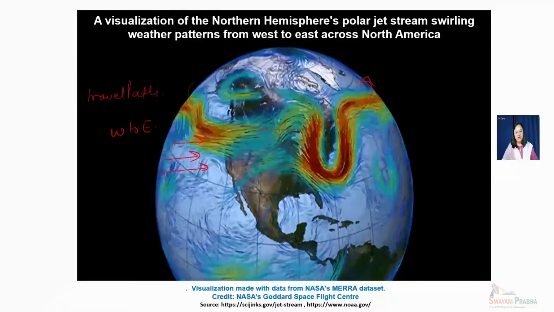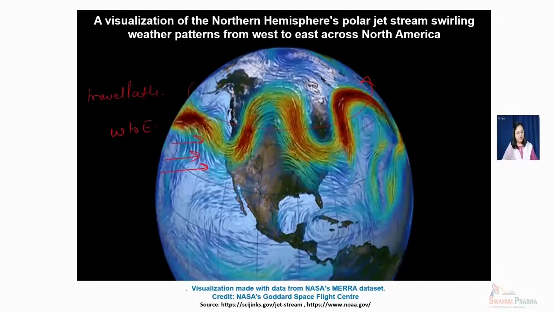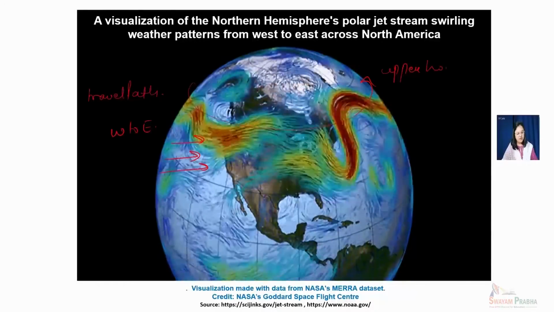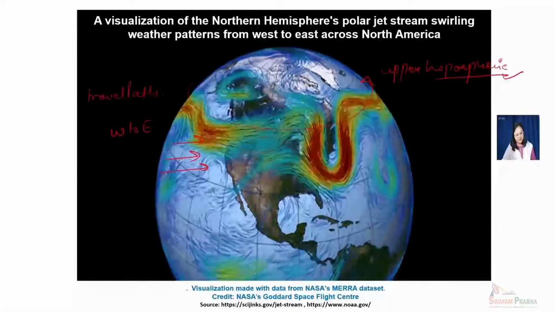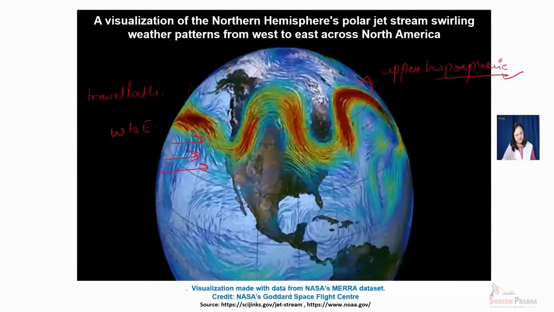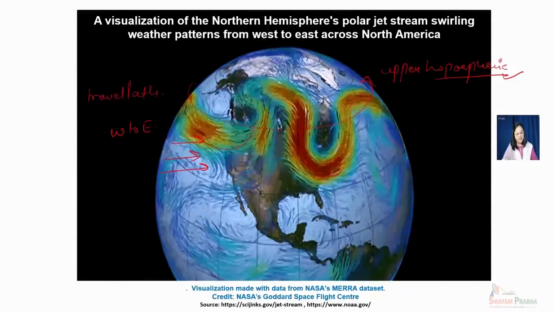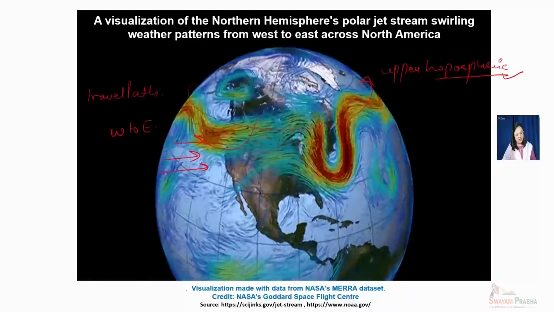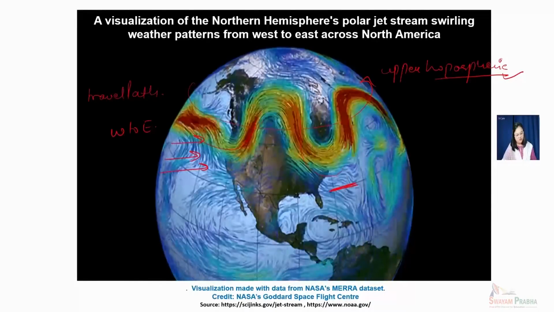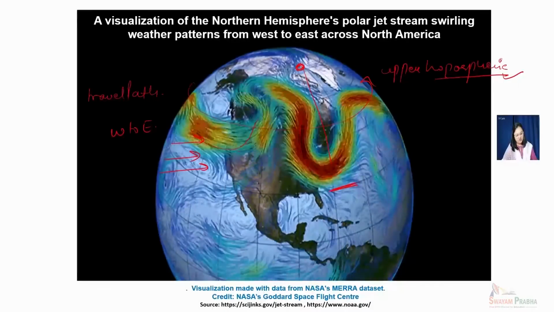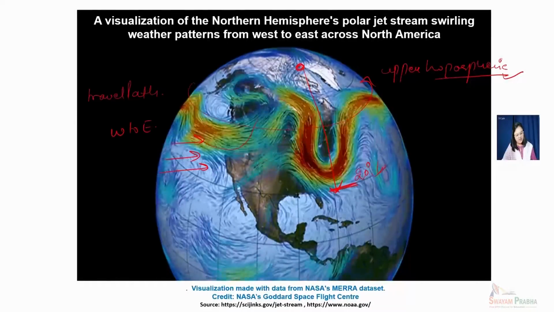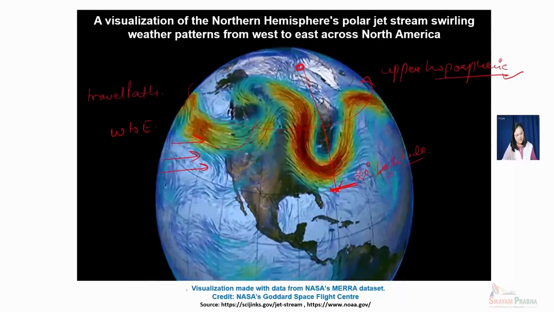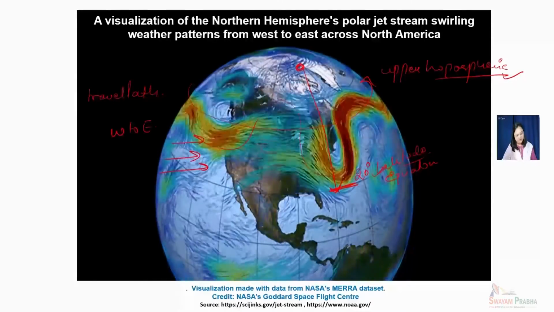So they are very fast moving winds which are found in the upper tropospheric region, moving from west to east. Observe the deep meanders which are formed by the jet streams, which are extending from the polar areas to as low as 20-degree latitude towards the equatorial region.